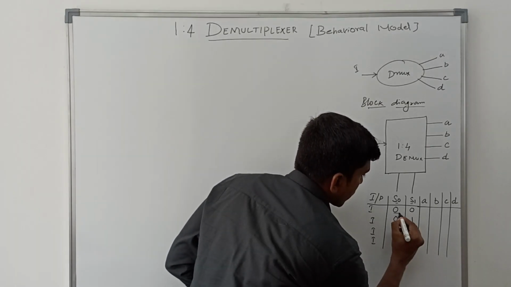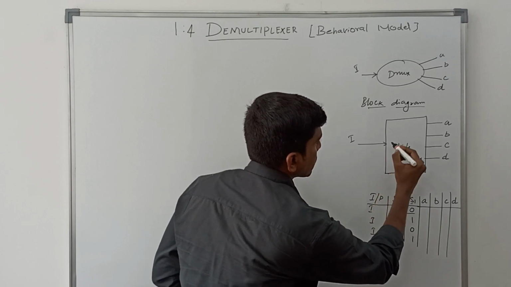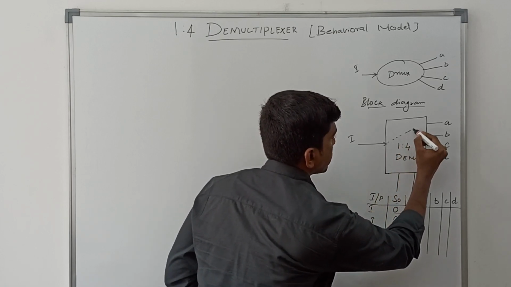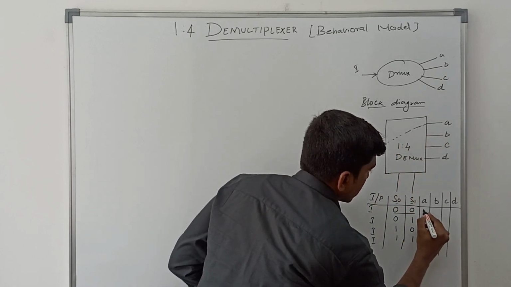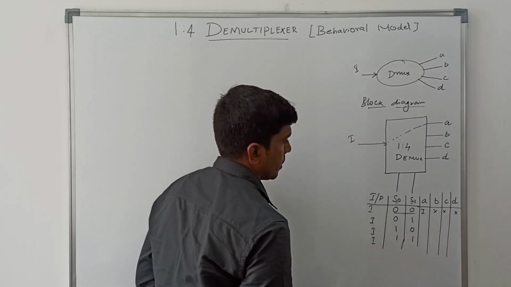First condition, S0 and S1 both 0 0: I is connected to A. So the A value is I, and the remaining outputs are don't care.